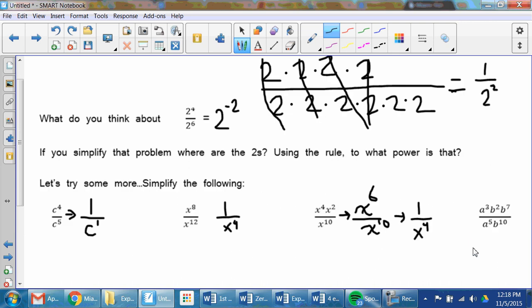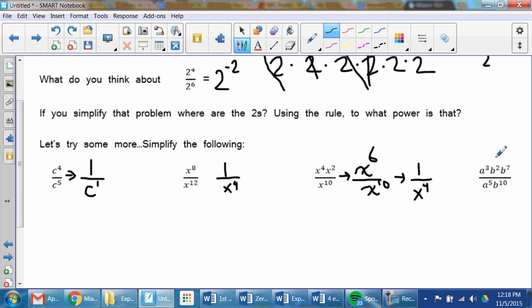Now for this last one here, I'm going to go down a little bit to do the last one here, there's multiple things. So if I get a to the 3rd and a to the 5th on the bottom, there's 2 more a's. So I could have a to the 5th on the bottom if those were canceling out. At the top there, you have b squared, b to the 7th. That makes b to the 9th on top, and this has b to the 10th on the bottom. That means there's 1 more b that would be on the bottom, and the whole top would cancel out to just be 1's.